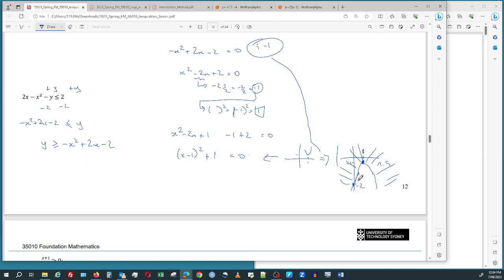And then we put the values in at 1 and 0. When we put the 0 in, we'll get negative 2. That makes perfect sense. So that pair there is 0 and negative 2. And when we put the 1 in, we'll get a negative 1. So that point there is 1, negative 1.